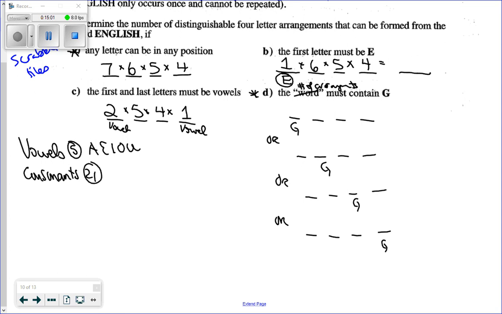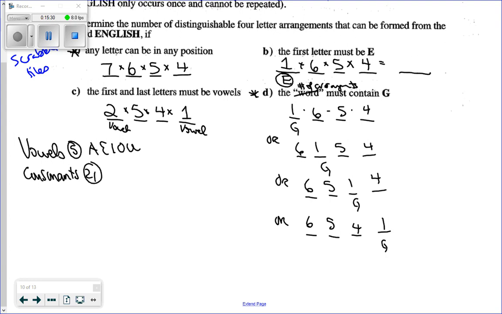Okay. So how many G tiles do you have? 1. So we know this is going to be a 1 all the way through. Okay, so you pick the letter G out. How many Scrabble tiles do you now have left in front of you? So it goes 6, 5, 4. Okay, now look what I do here. 6, 5, 4. 6, 5, 4. Right?